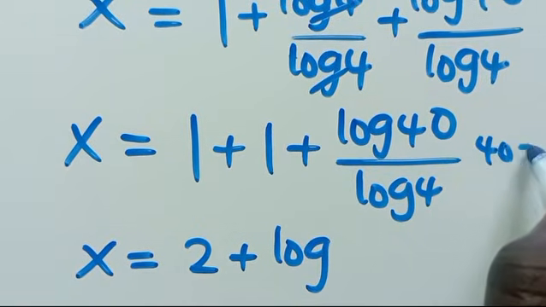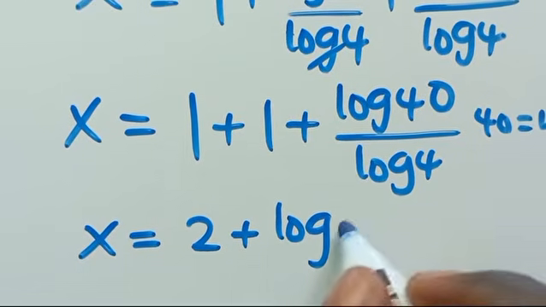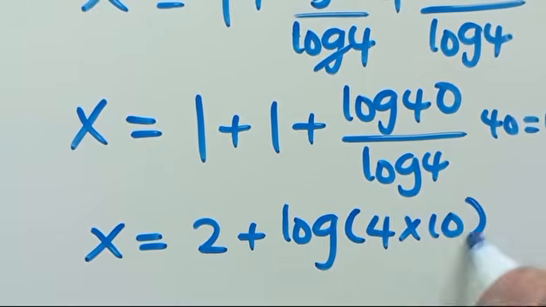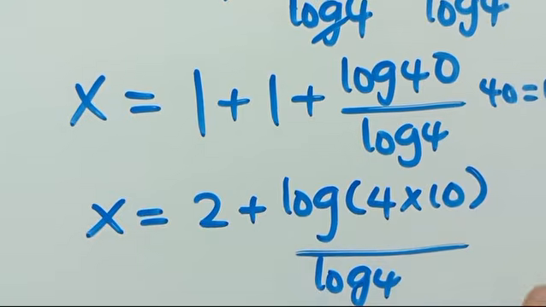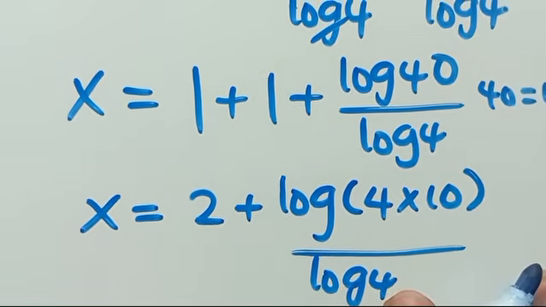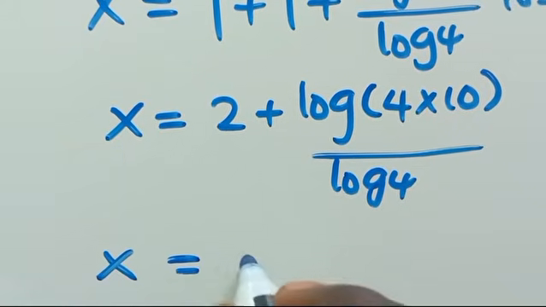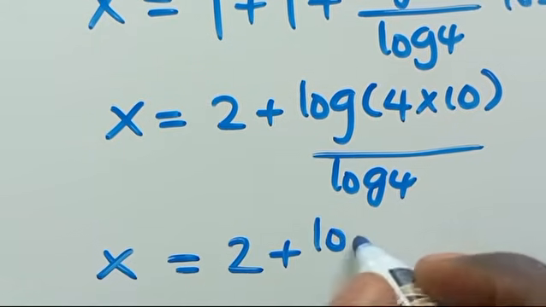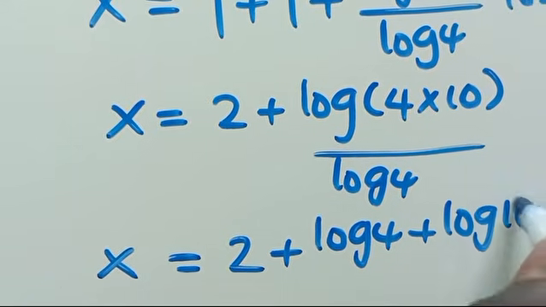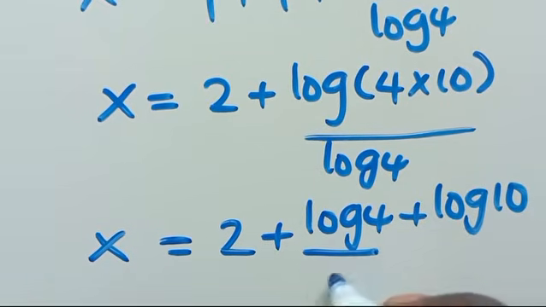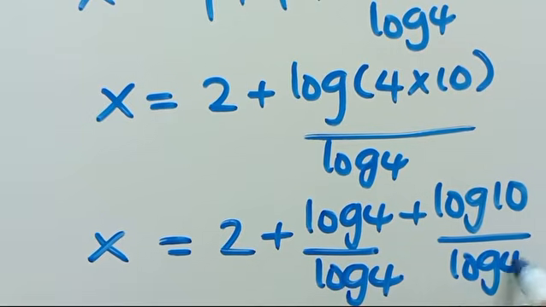We can have 40 as 4 times 10. So here will be log of 4 times 10 over log 4. So we have x to be 2 plus log 4 plus log 10 over log 4.